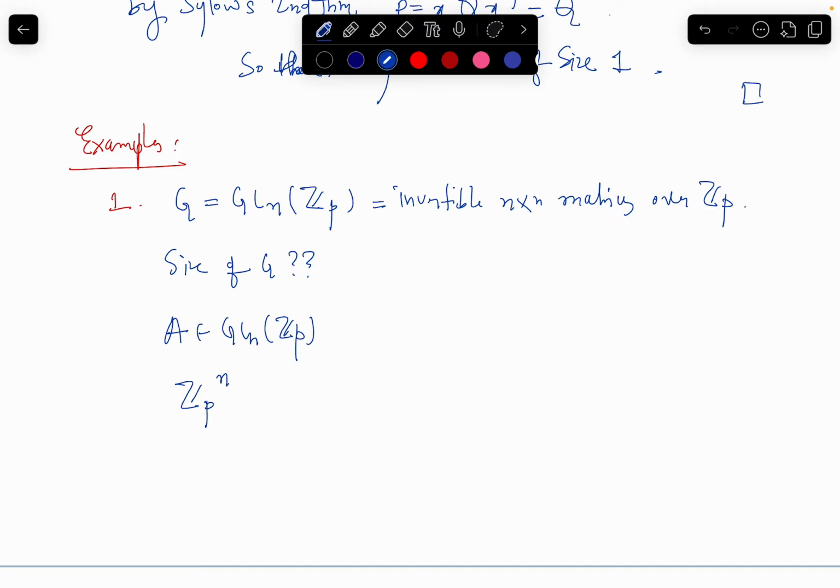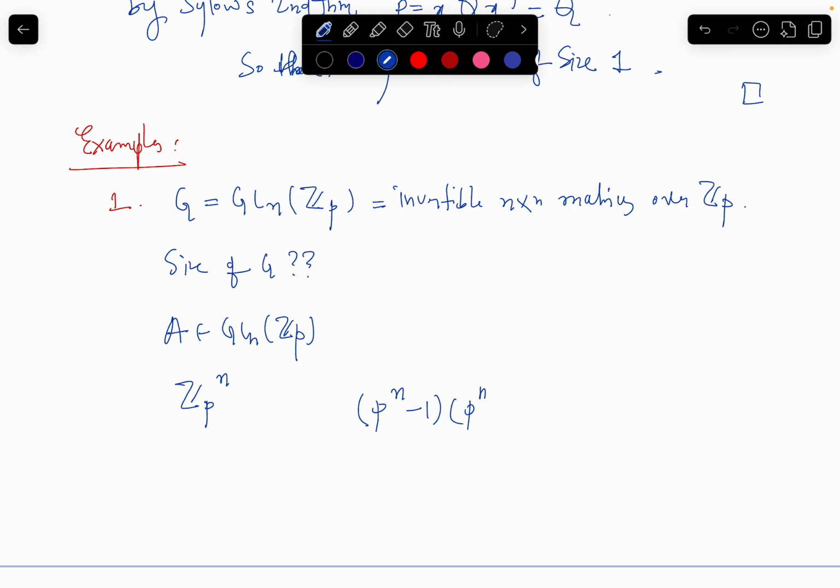The first row or first column has p power n minus 1 choices. Of course we want it non-zero, that's why we have to remove that. The second one has p power n elements, but you also have to remove the linear span of the others. So there are p many in the linear span of the others.